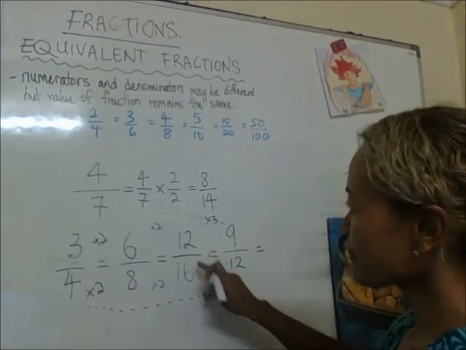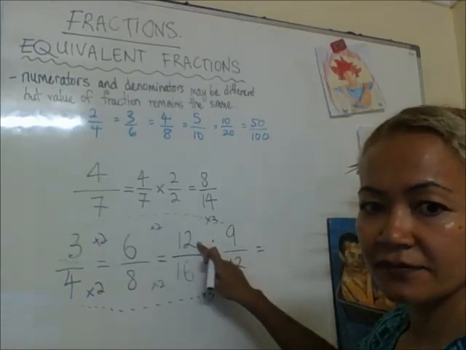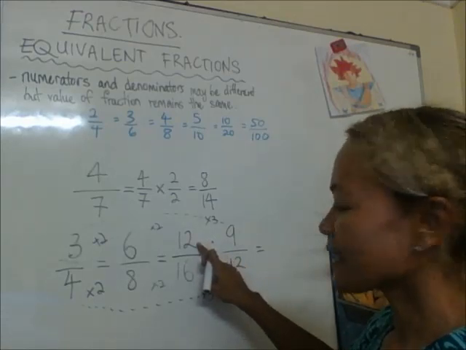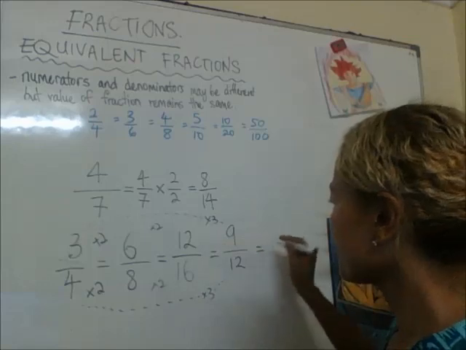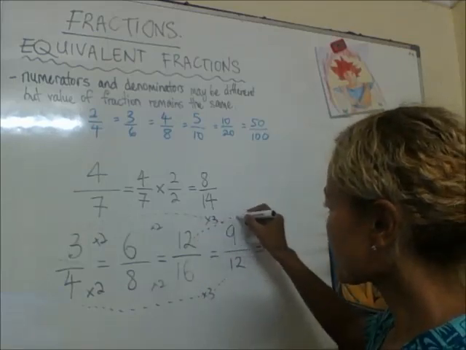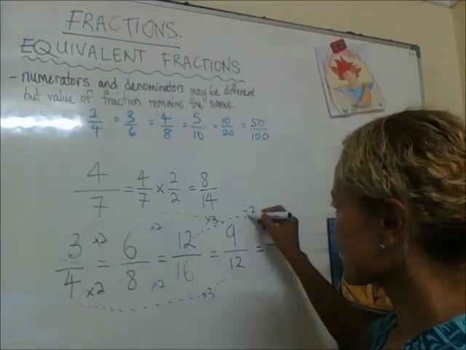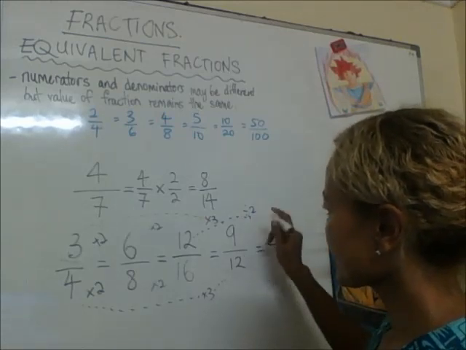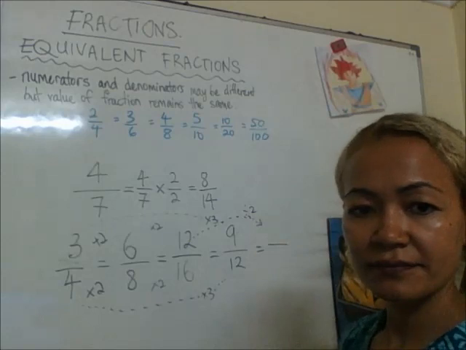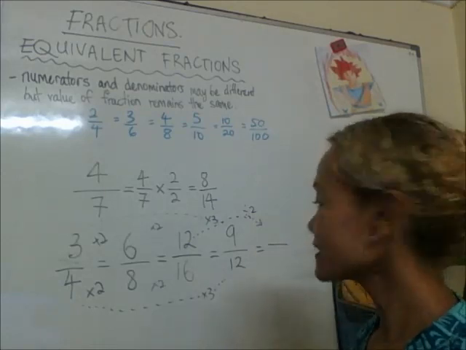Okay? Say we were to start at 12, and say we were dividing by 2. So say we're going from 12, divide by 2. That's a nice easy one. 12 divided by 2, 6.